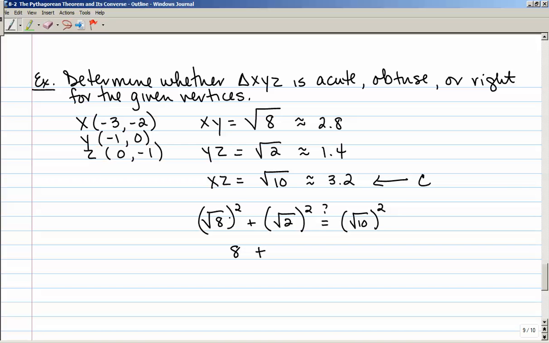And obviously, remember the square root of 8 squared is 8, the square root of 2 squared is 2, and so yes it is, and therefore since the two shorter sides squared and added together equal the longer side squared, it is a right triangle.